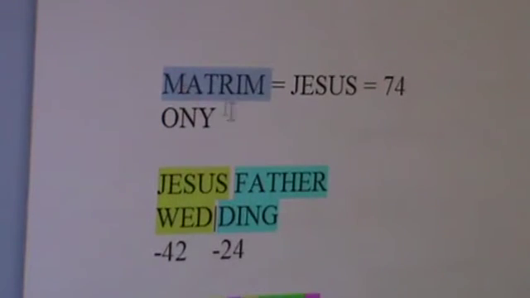Matrim equals Jesus. This is a root of all these other words, matrimonial, but look at how easy it is. You got the one, it's so perfect. 3 plus 1s, single plus 2, letters that divide by 3, right in the slot. Matrim, holy matrimony. You're just like, okay, marriage, we're getting married.